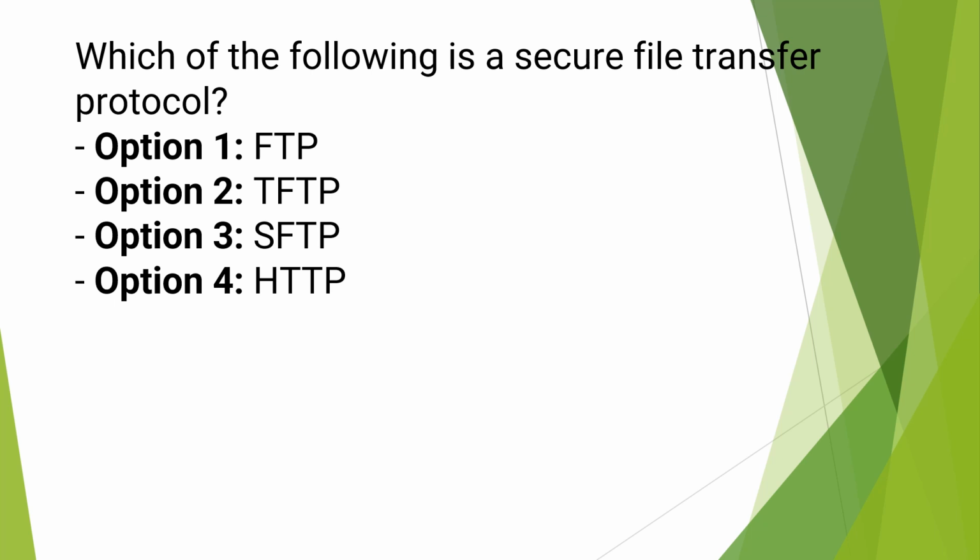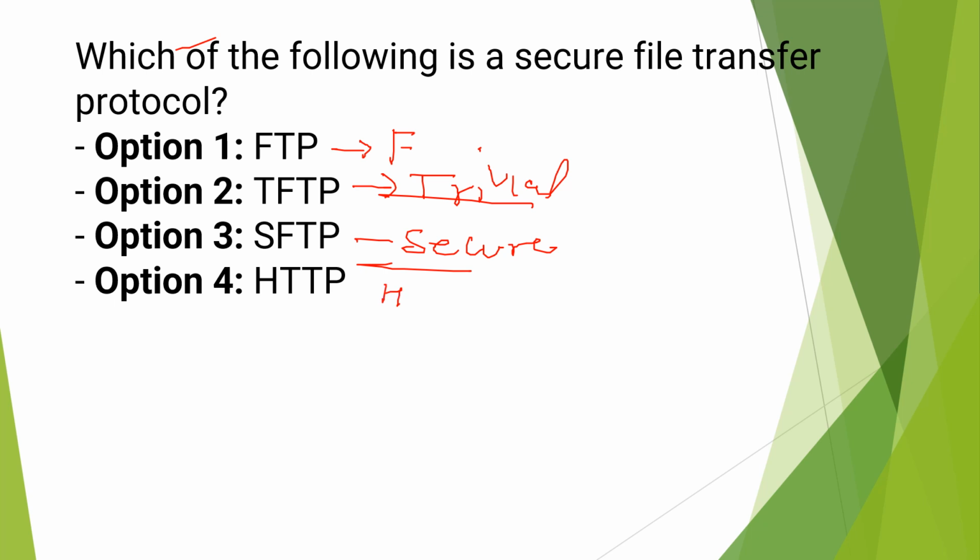Which of the following is the Secure File Transfer Protocol? If you know the names of all these protocols, you will easily be able to answer these questions. This is the File Transfer Protocol, this is the Trivial File Transfer Protocol, this is the Secure File Transfer Protocol, and this is the Hypertext Transfer Protocol.